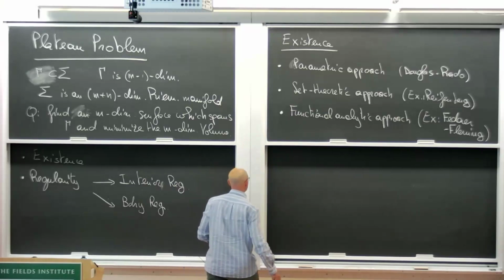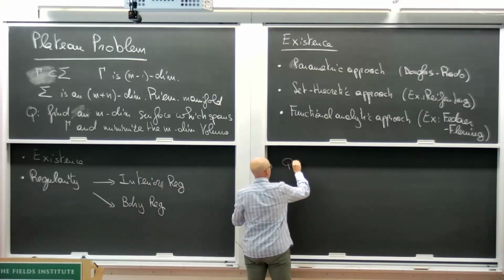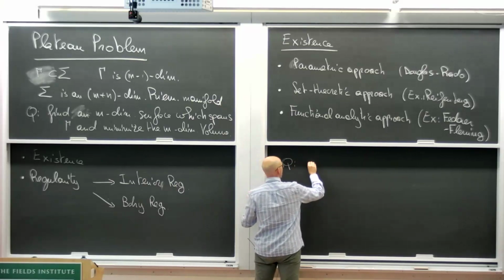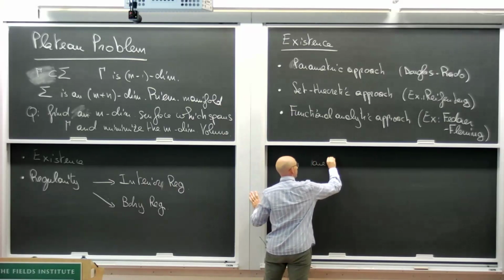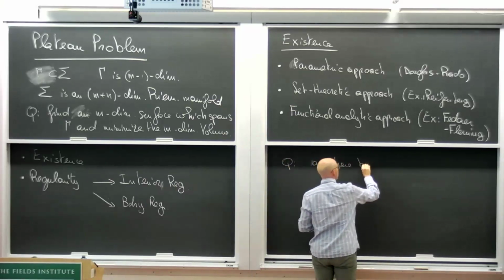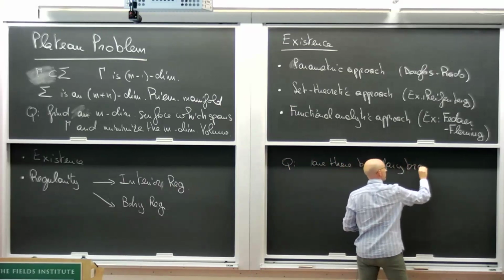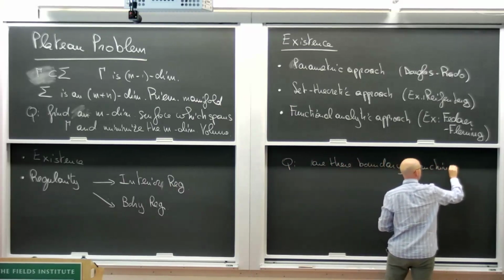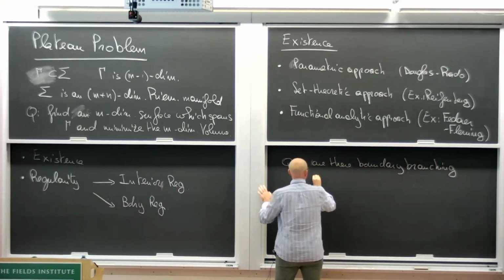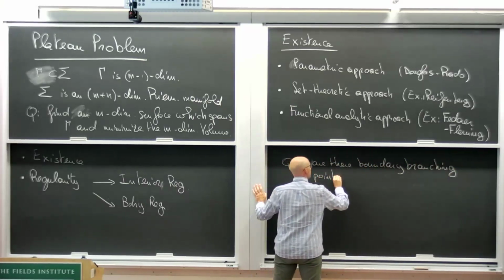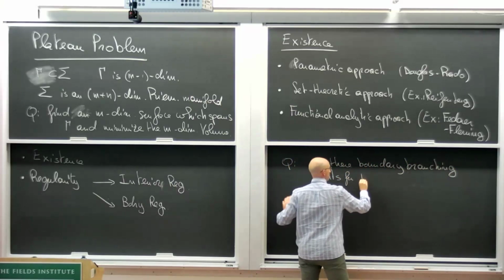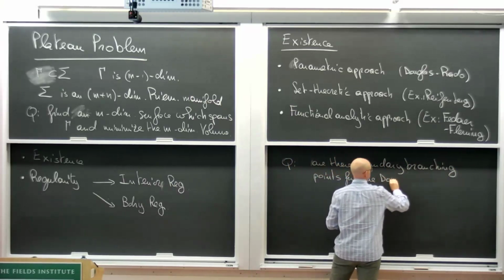So there's a very famous open question, and this is the following: are there boundary branching points? Branching points would be singular points for the Douglas-Rado solution in R3 with a smooth boundary.